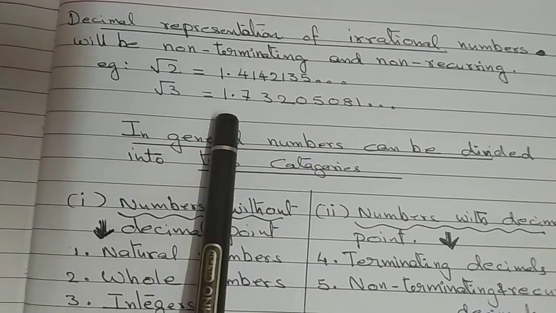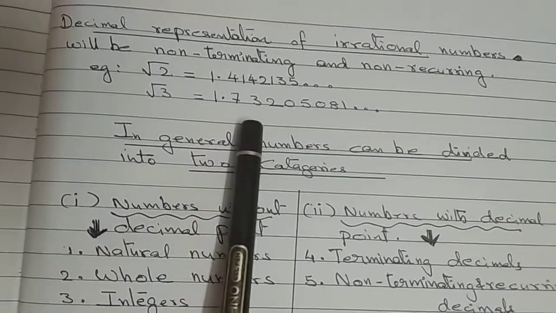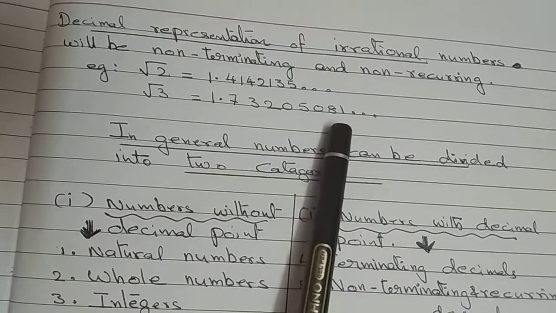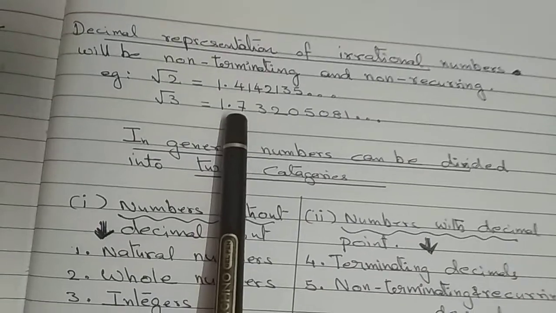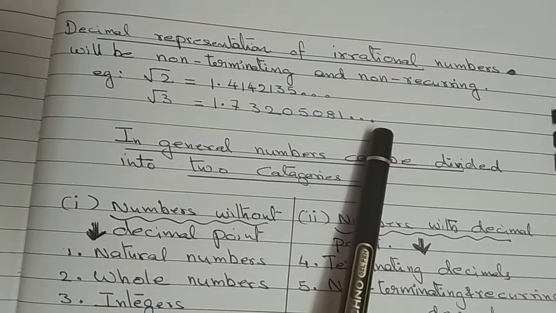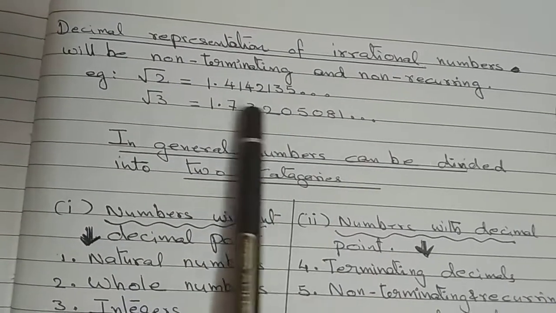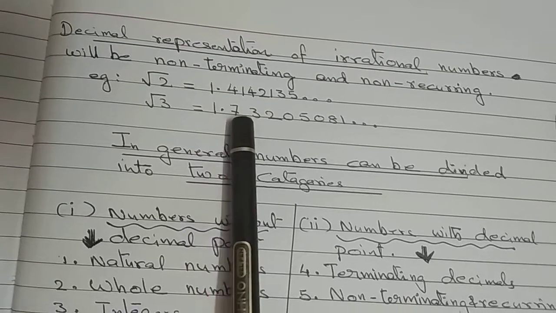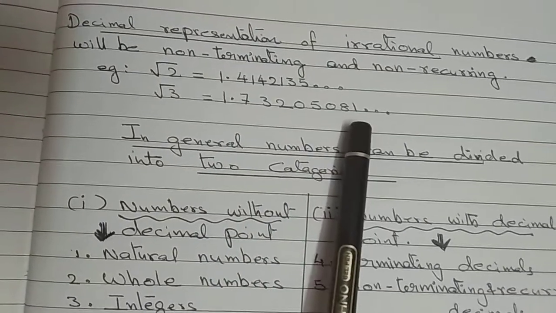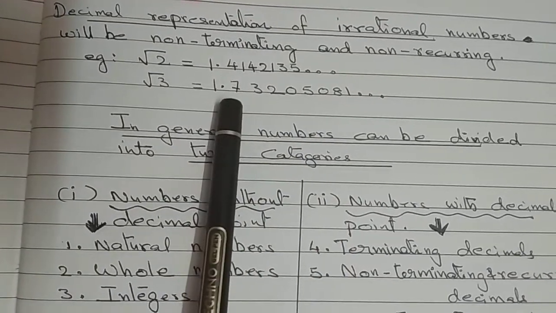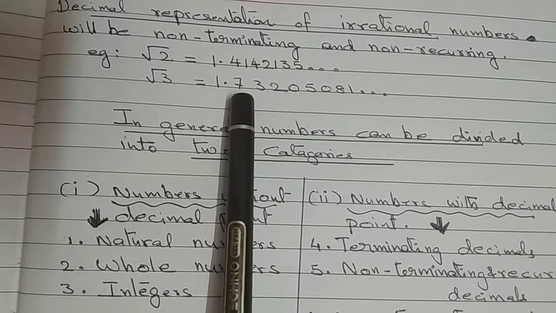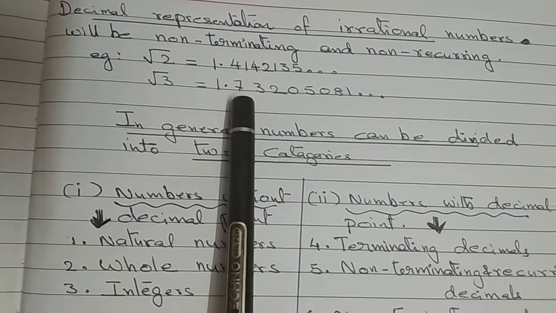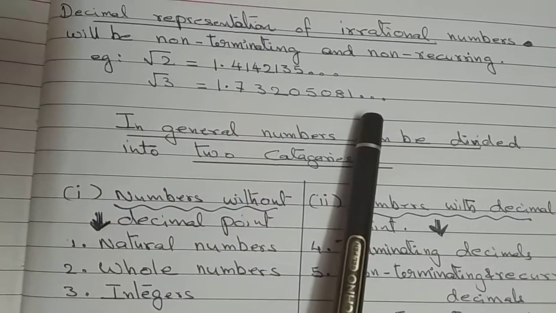Root 3 equal to 1.73205081, etc. And here also it is not terminating, and also it is not recurring. Recurring means a block of numbers, or even a single digit, keeps repeating in some cases.